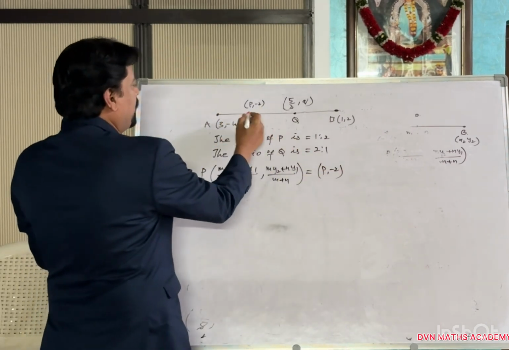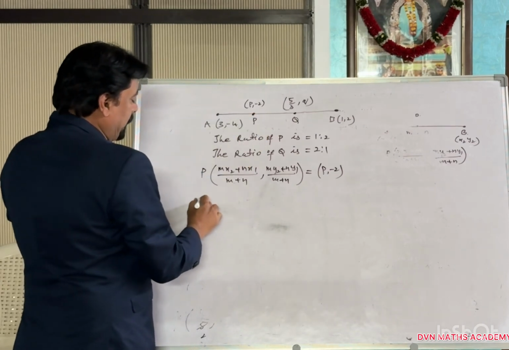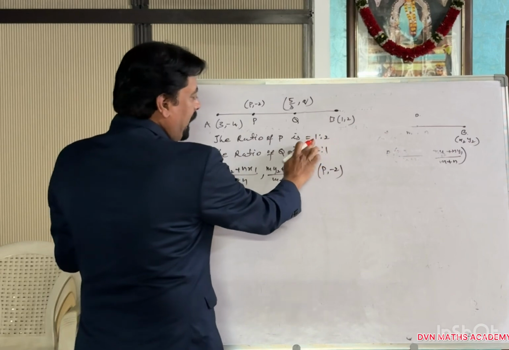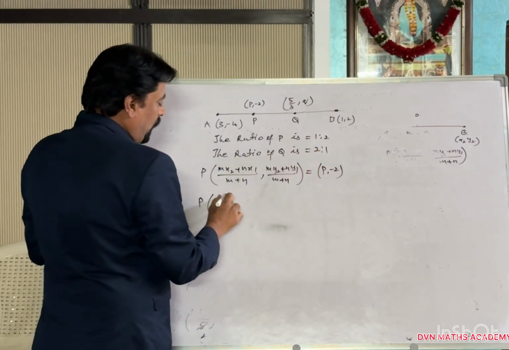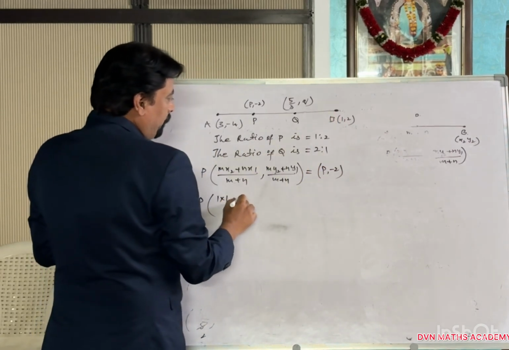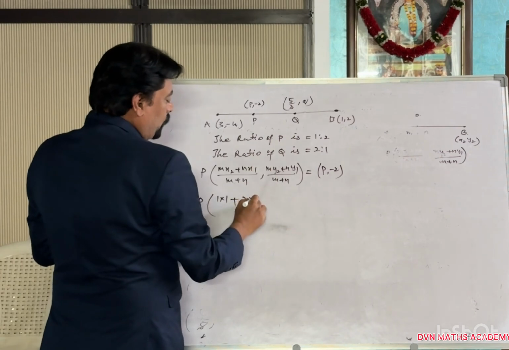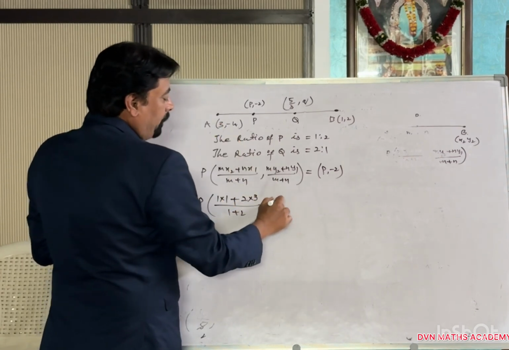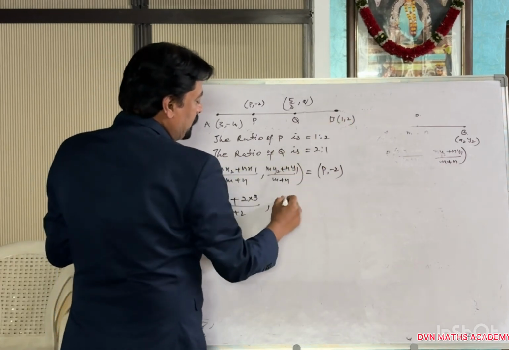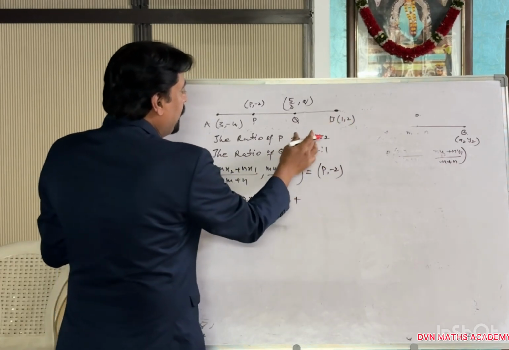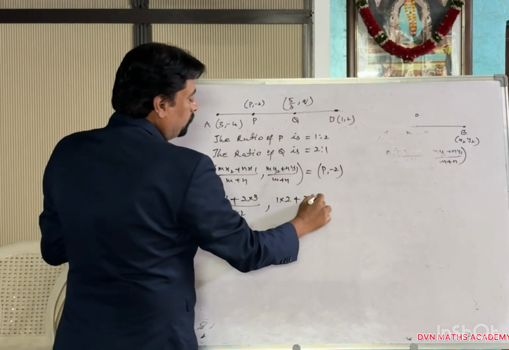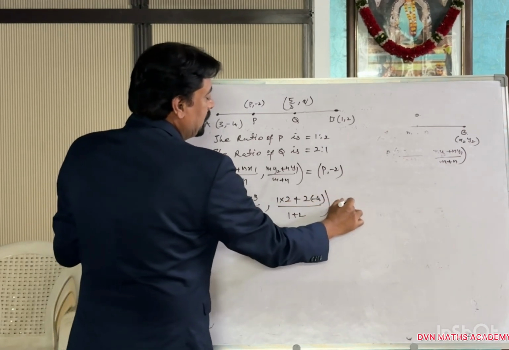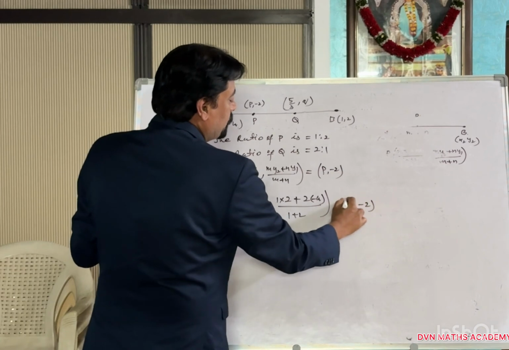If you substitute according to the given information, the ratio of P is 1:2, so m value will be 1: (1 into 1 plus 2 into 3)/(1 + 2), comma, (1 into 2 plus 2 into -4)/(1 + 2). This is equal to the given (p, -2).